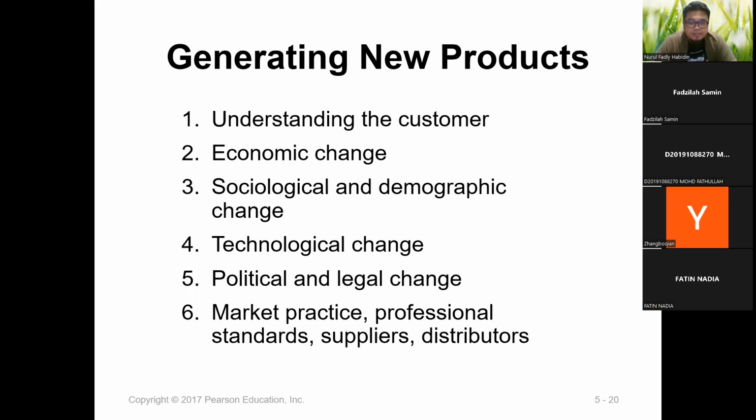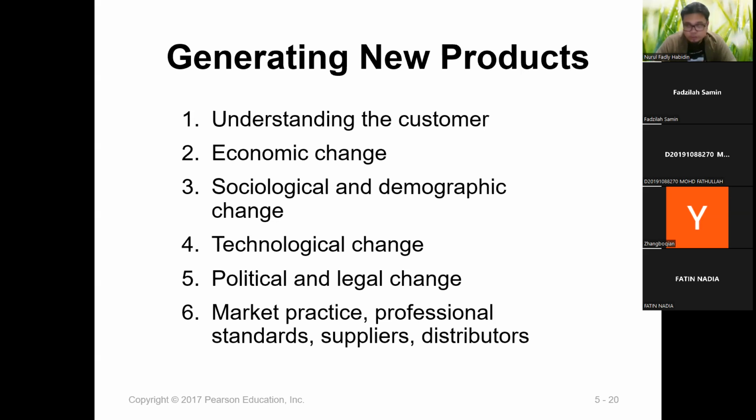So this matter has an effect on our new product. Currently the most critical change you need to cover, not only economy but also the social and demography, is the technology effects.